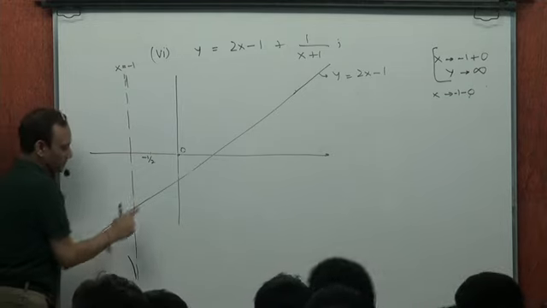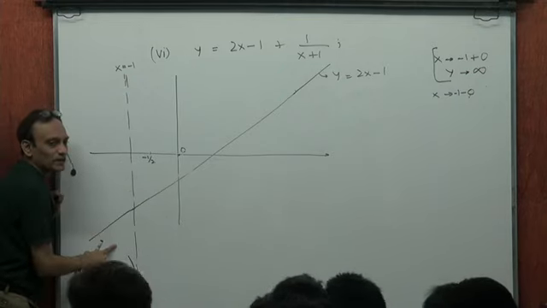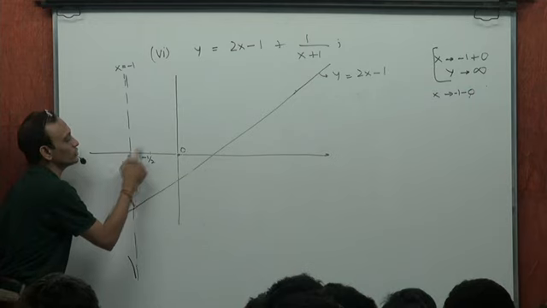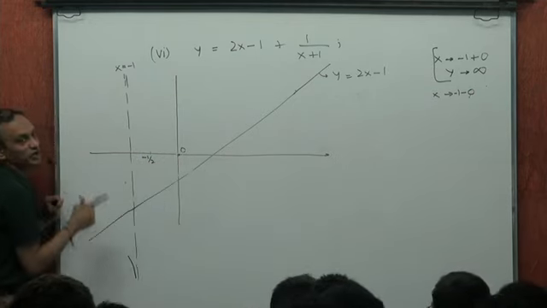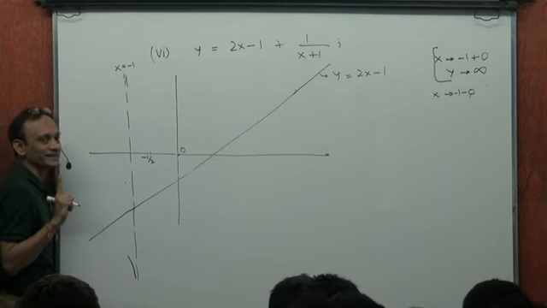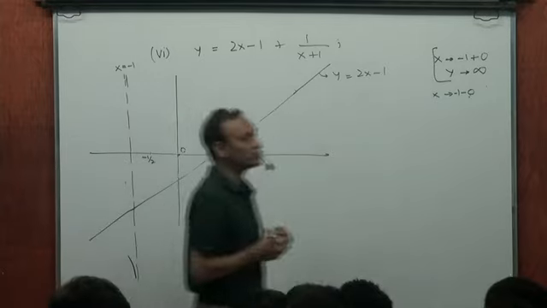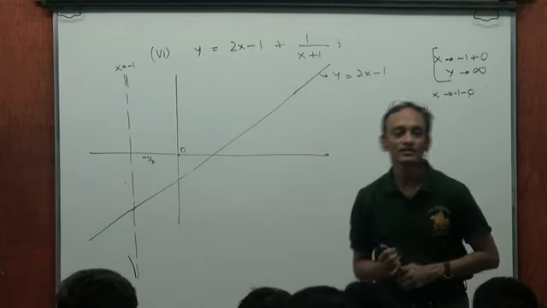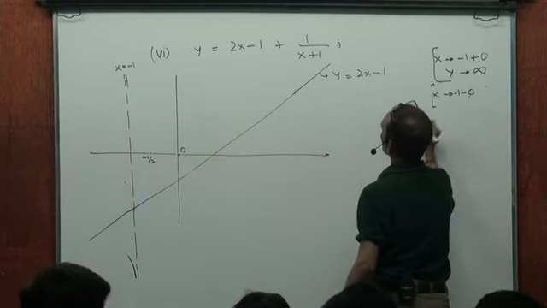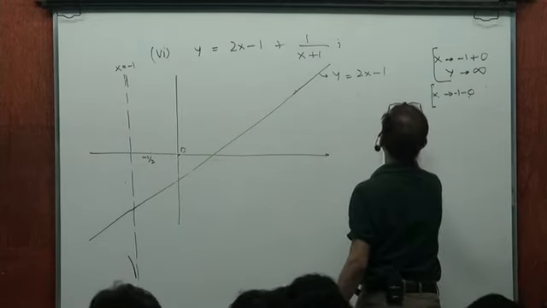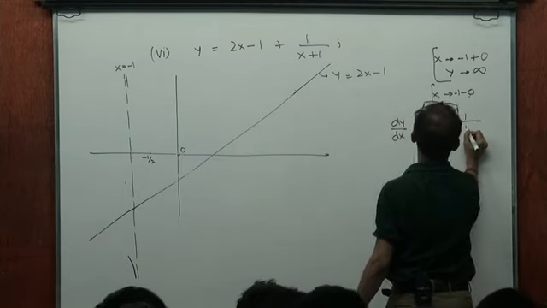So I expect a local minimum to the right of minus half and to the left of 0, and a local maximum to the left of minus 1 in this graph. Are you okay with this? Let's differentiate to confirm our understanding. dy/dx is 2 minus 1 by (x plus 1) whole square.